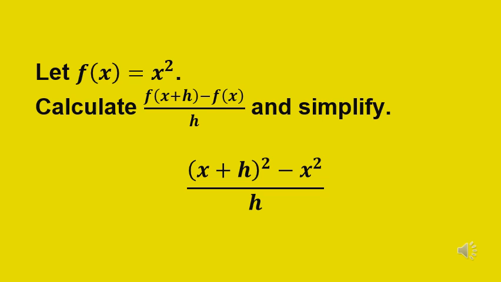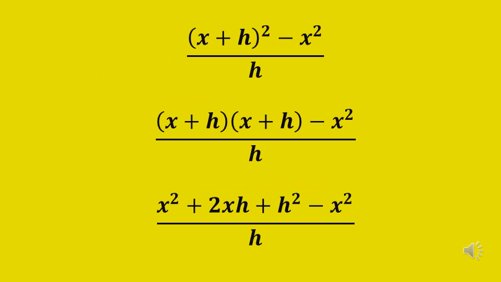The other part says simplify, and that's going to take me just a minute to do, but it can actually become a much simpler formula than what I have here. So the first thing to realize here is that you're going to have x plus h squared. And anytime you square something, it means you take it times itself. That would be x plus h times x plus h.